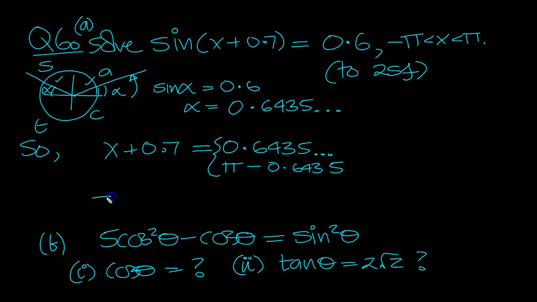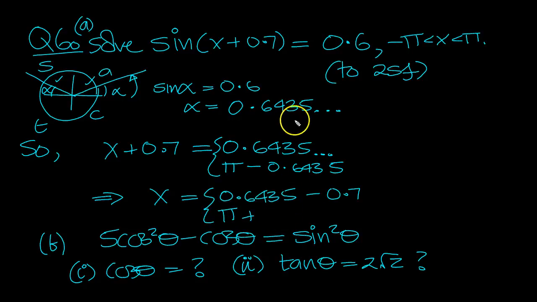So that tells us what x equals then. X is equal to 0.6435 minus 0.7, or pi plus pi minus 0.6435 minus 0.7.